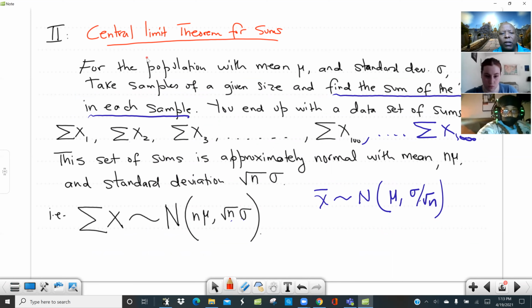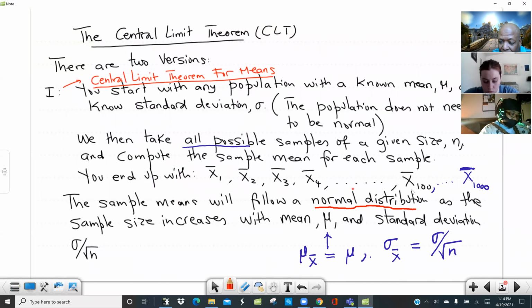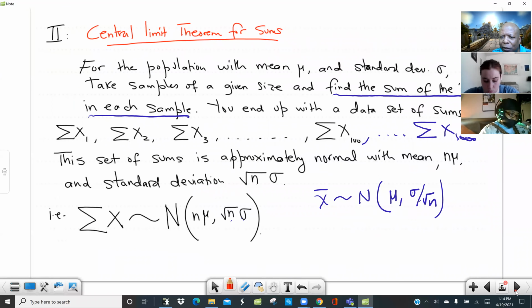The second version now is the central limit theorem for the sums. Well, imagine you did the same thing: the population with mean mu, standard deviation sigma. You take samples of a given size like we did before, but instead of looking at sample means for each group, you add up all the values in each group.